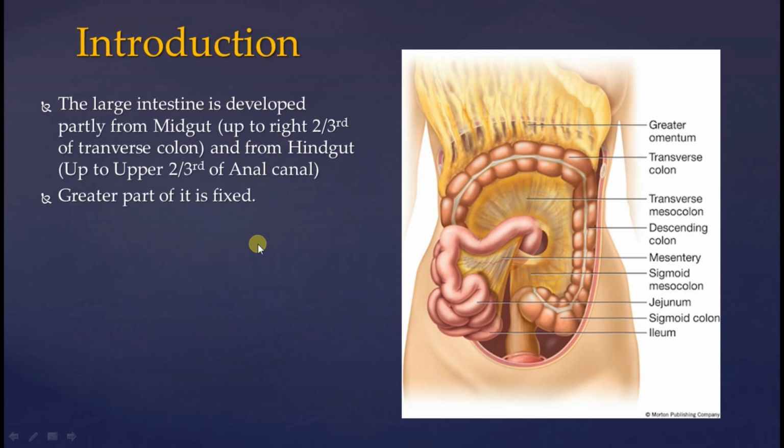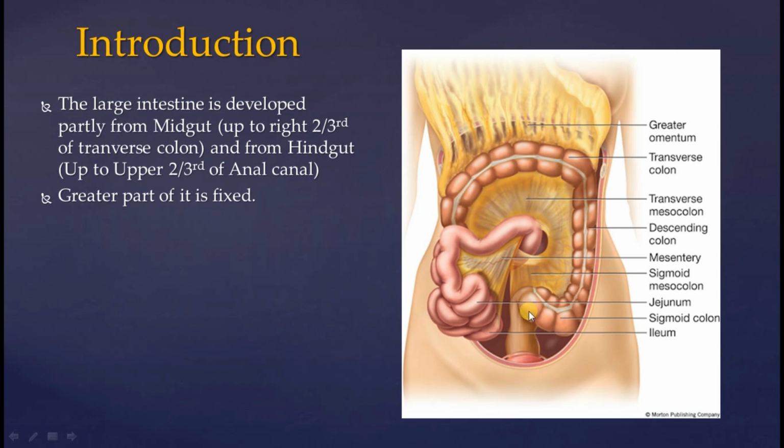The greater part of the large intestine is fixed. It is retroperitoneal, which is your ascending colon, descending colon, and your rectum. Your transverse colon is mobile, it is not fixed. It has its own covering, which is the transverse mesocolon.